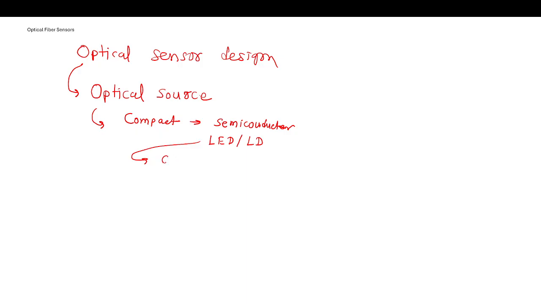The center wavelength can be in the visible region, 400 nanometer violet, then 650 red, and in IR also 1550 or something like that.